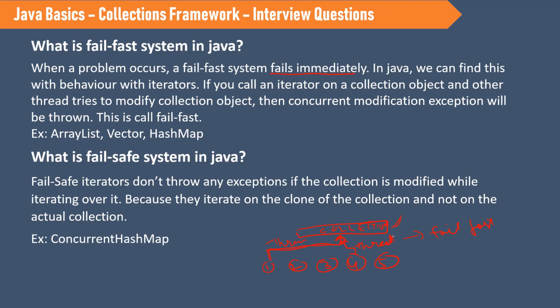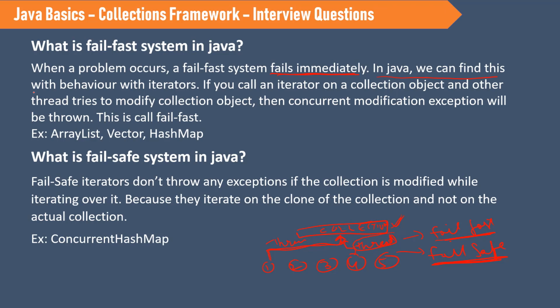But if the fourth thread can also access this collection and modify its elements, then that is fail safe. The example for a fail safe system is ConcurrentHashMap, and for a fail fast system it is HashMap. So when a problem occurs, a fail fast system fails immediately.